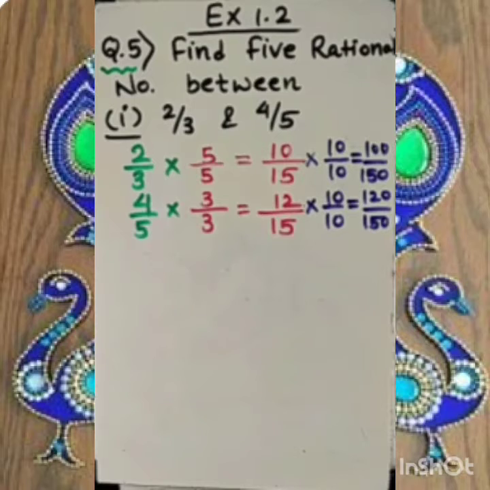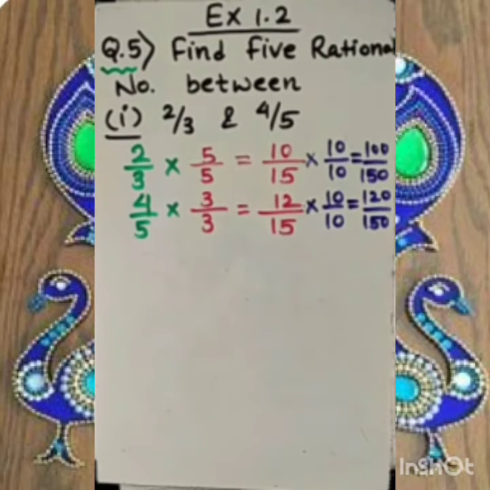So, my dear student, between 100 by 150 and 120 by 150, there are 19 numbers which we can mention here. There are at least 19 numbers that we can list out, right?